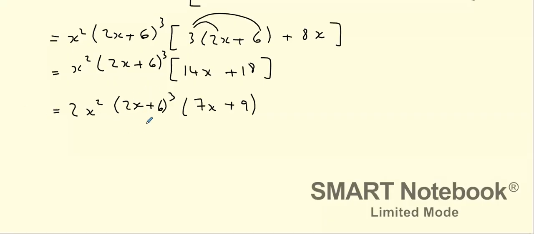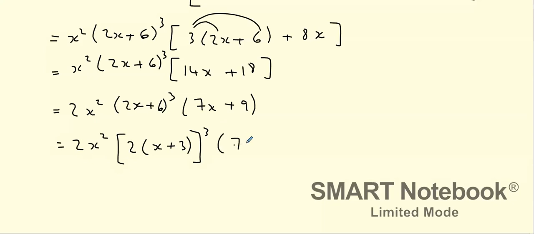So 2x plus 6, normally we would not be able to factorize it, but what we can do is factorize 2 out and write this as (x + 3) and write it like this.